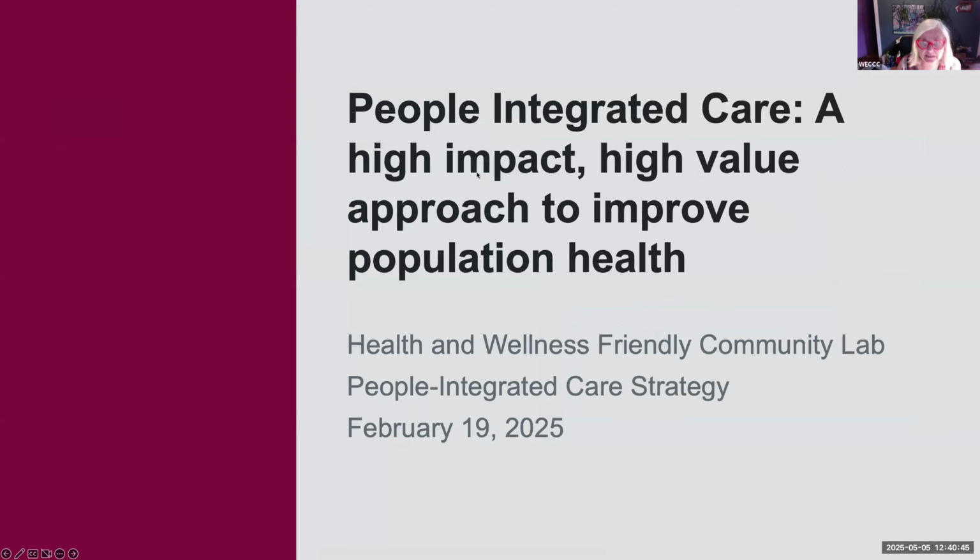So this first deck is a very long one. It's very detailed, and it is quite a detailed examination about what the people integrated care model is all about, what's the theory behind it, what's the evidence behind it, what are we trying to do with it, where do we see it going next.